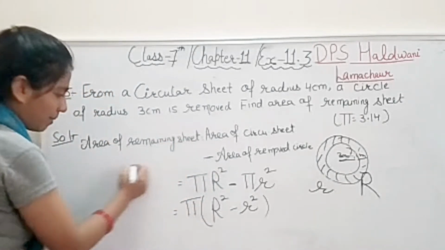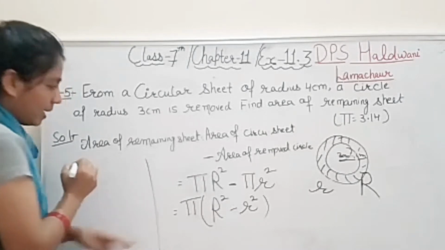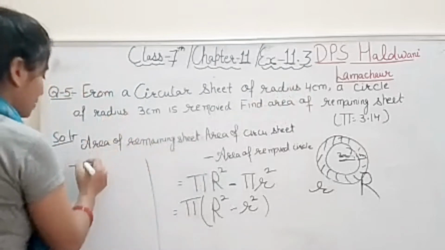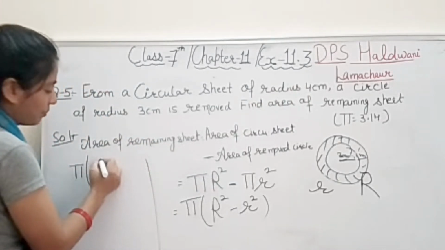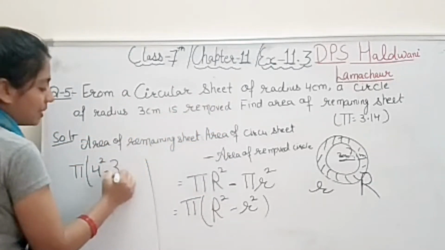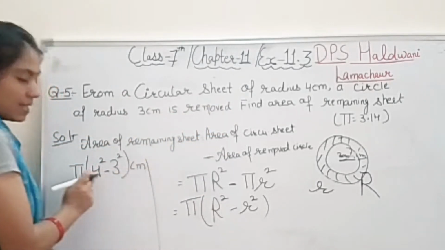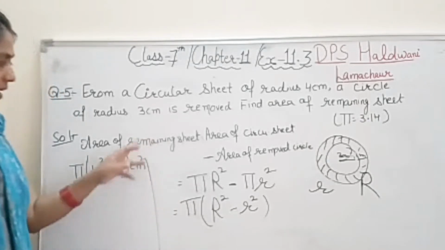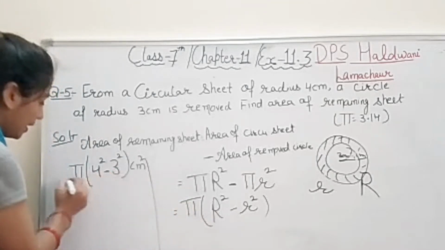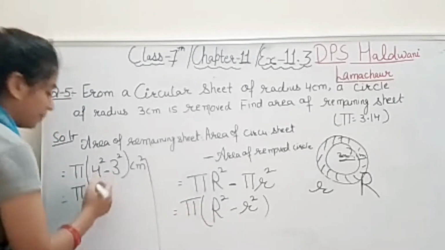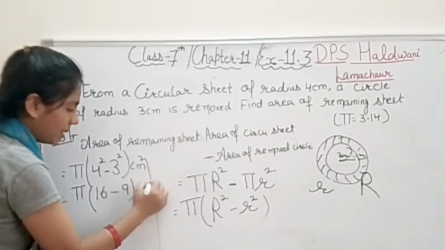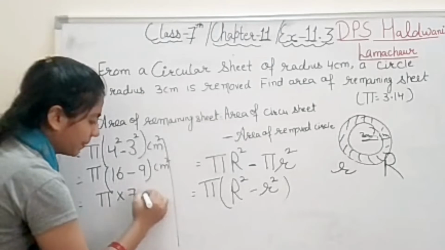Now here I am solving: pi, capital R, the radius of the circular sheet, is 4 centimeter, so 4 square, minus small r is 3 centimeter, so 3 square. Centimeter into centimeter gives centimeter square, and since it is area, it is unit square. Now 4 fours are 16, 3 threes are 9. So 16 minus 9 is 7, right student?